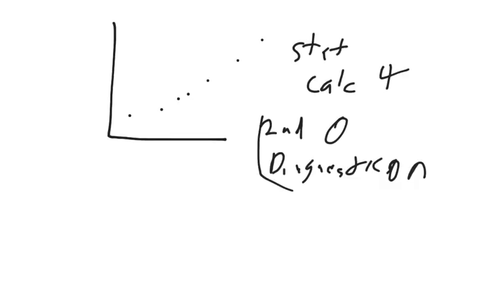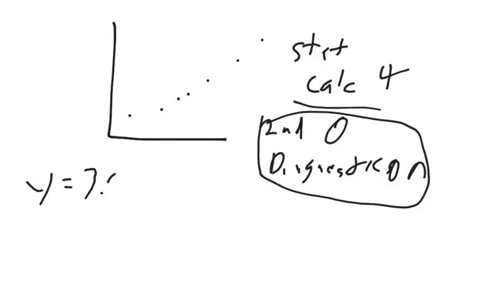So you might want to do this part first and then do stat calc 4, enter, and get your equation of the line. So I got y equals 3.8x minus 7.7, and my R equaled 0.996, which means we had a very strong line here.